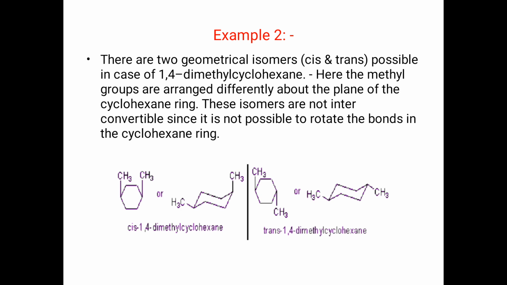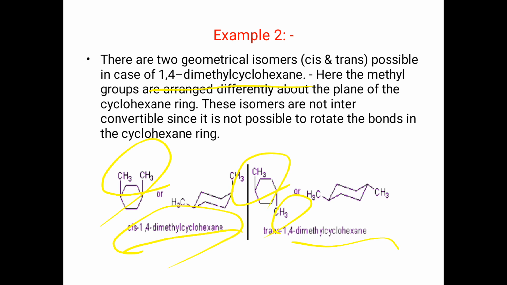Second example: 1,4-dimethylcyclohexane. There are two isomers, cis-1,4-dimethylcyclohexane and trans-1,4-dimethylcyclohexane. When the two methyl groups are arranged on the same side, it is known as cis. When they are arranged on opposite sides, it is known as trans.